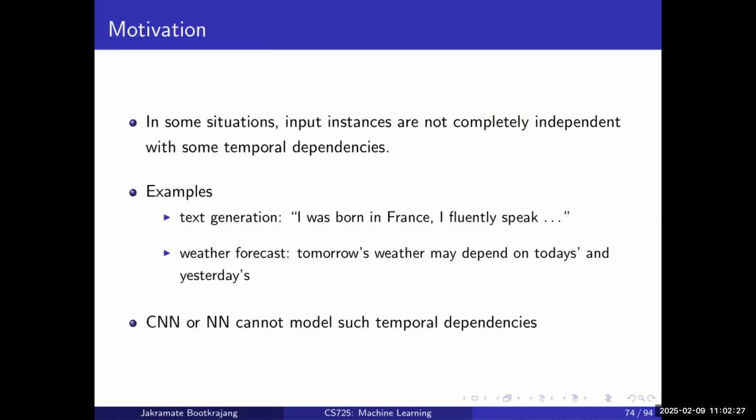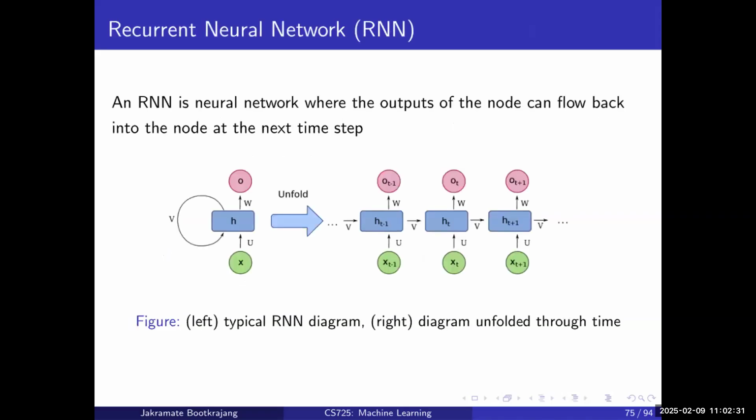So for the recurrence, right, we have this type of structure. So we have X. So X is maybe one data point, right? And we feed in the data bit by bit.